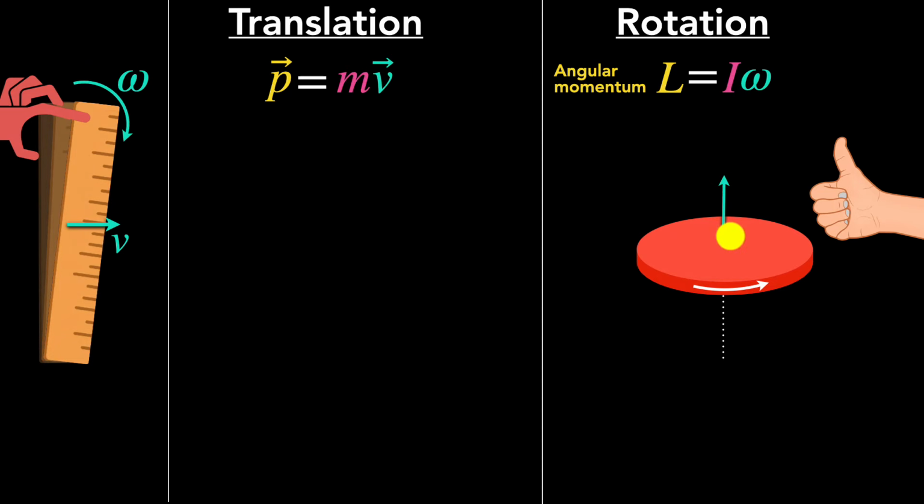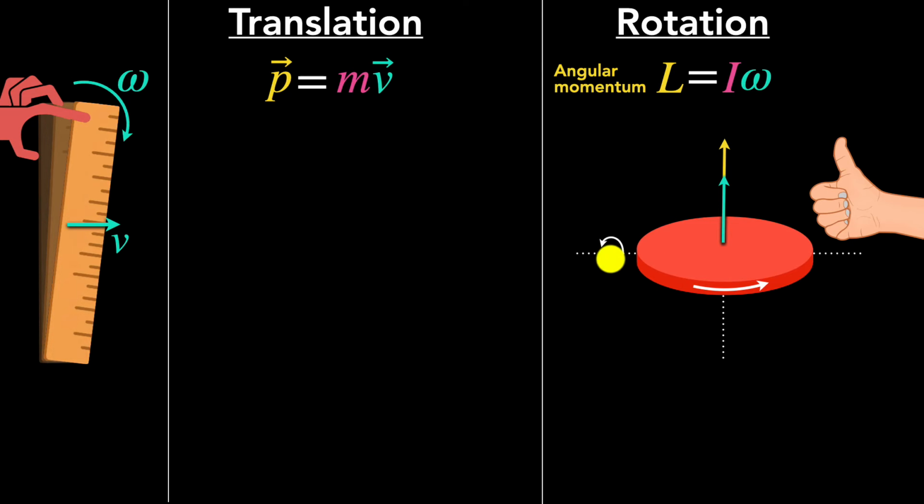Now, in special cases, when we're dealing with rotation around something called the principal axis, which is basically an axis of symmetry, then the angular momentum does happen to be in the same direction as angular velocity, but that's a special case. So for example, in this particular case, this is our principal axis. So over here in this specific example, the angular momentum will also be in the same direction as angular velocity.